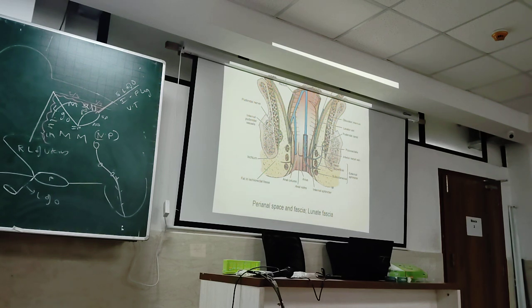The perianal fascia is shown to be incomplete and the lunate fascia is not shown at all. So now the perianal region has been divided into three spaces: the subcutaneous perianal fat with dense fascia, then in between the ischioanal fat, loose fat, and a part above the lunate fascia, which is called the suprategmental space.